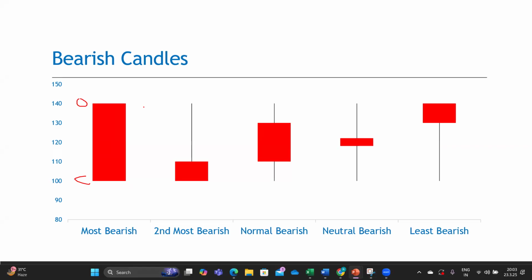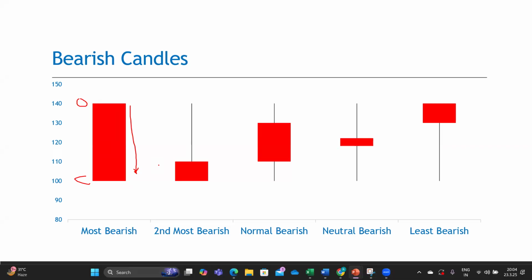Now see what is happening in this chart. You start, let's say the stock opens at 140. Some bad news, it starts falling. Same day, there is no respite for the bulls.